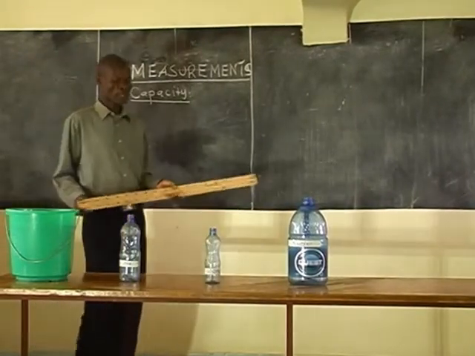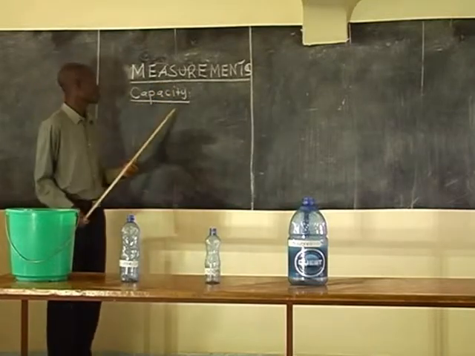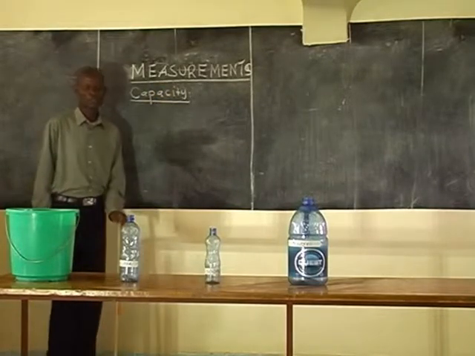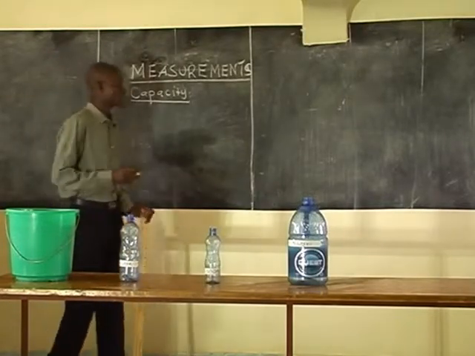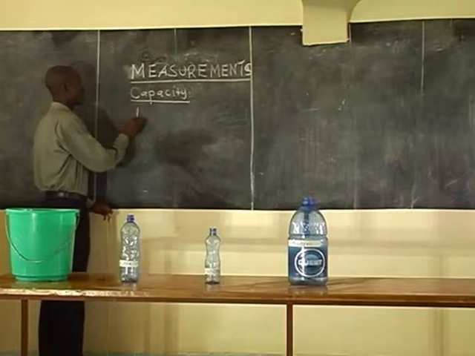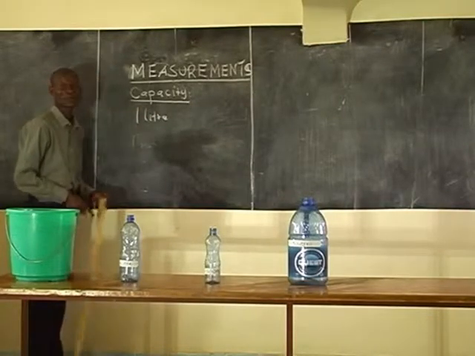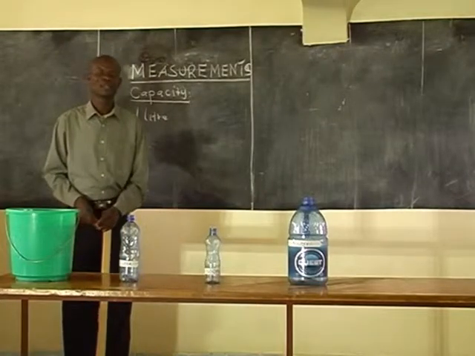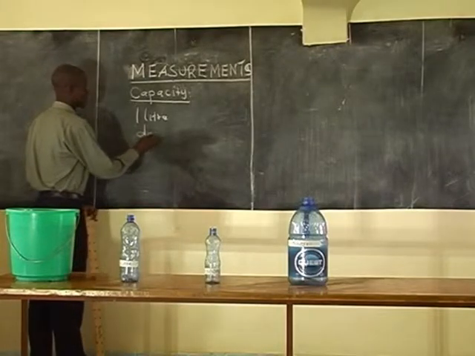Now, just as we learned in our previous classes, can you remind me of the units of capacity as we learned in our previous classes? Good. One, we talked about liters as the unit of capacity. Any other? Good. Another one is the deciliters.